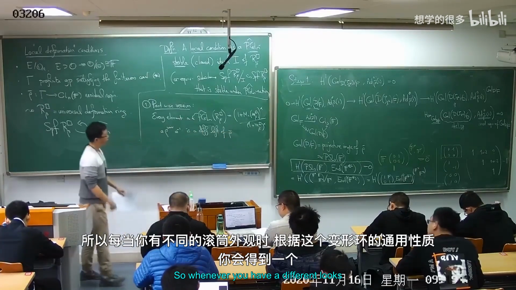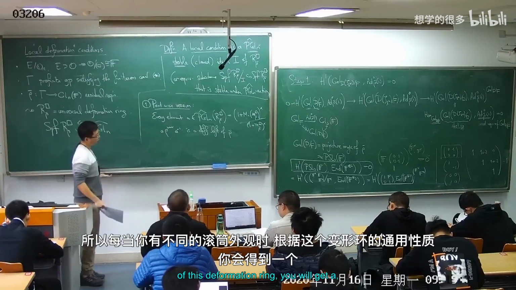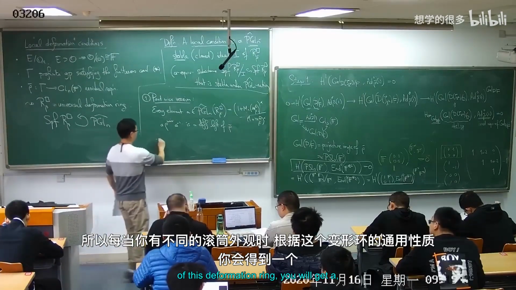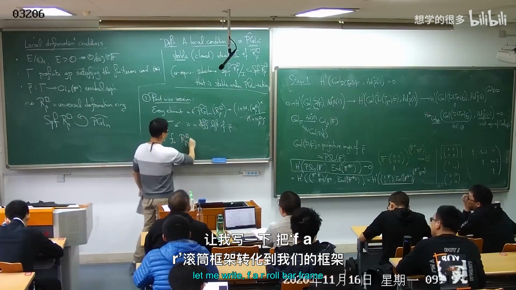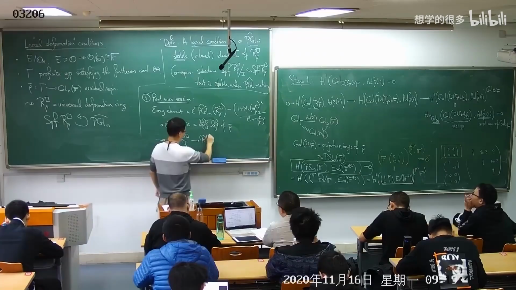So whenever you have a different lift of rho bar, by the universal property of this deformation ring, you will get a map from R_rho bar to R_rho bar.